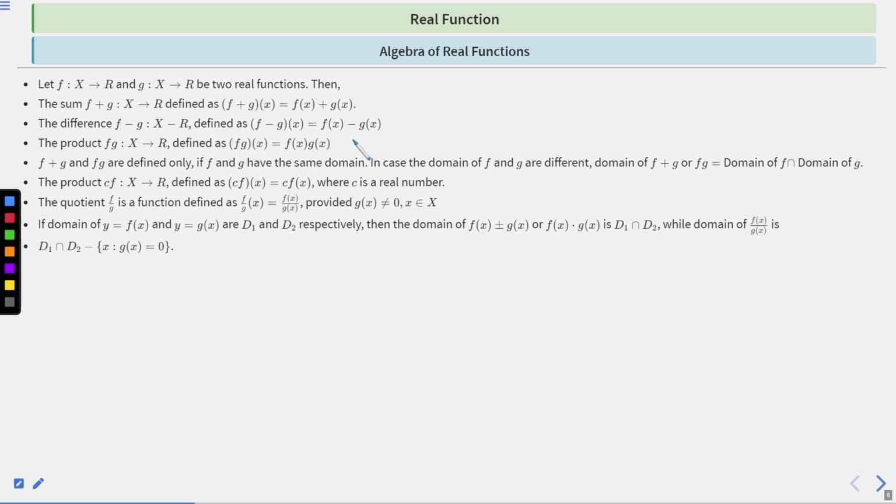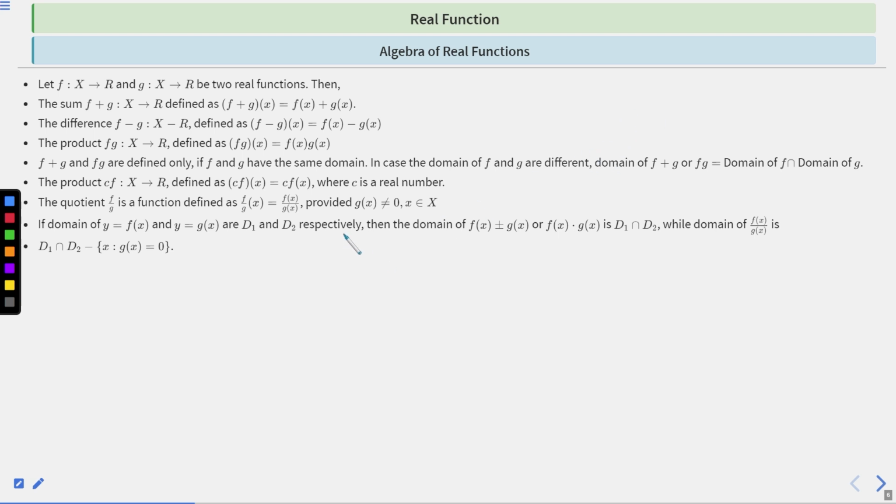The product fg from X to R is defined as (fg)(x) = f(x) g(x). f + g and fg are defined only if f and g have the same domain. In case the domains of f and g are different, the domain of f + g or fg is the domain of f intersection domain of g.